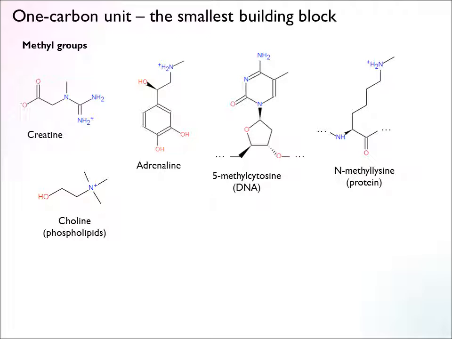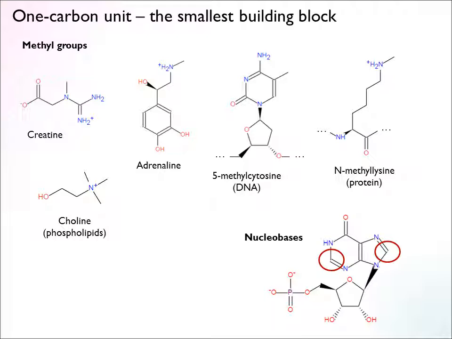So choline, this molecule, which I think we haven't seen before, is the head group of phospholipids. And in choline, there are 3 methyl groups attached to a nitrogen. So these are some examples, and there are many others. So methylation is widespread throughout metabolism.